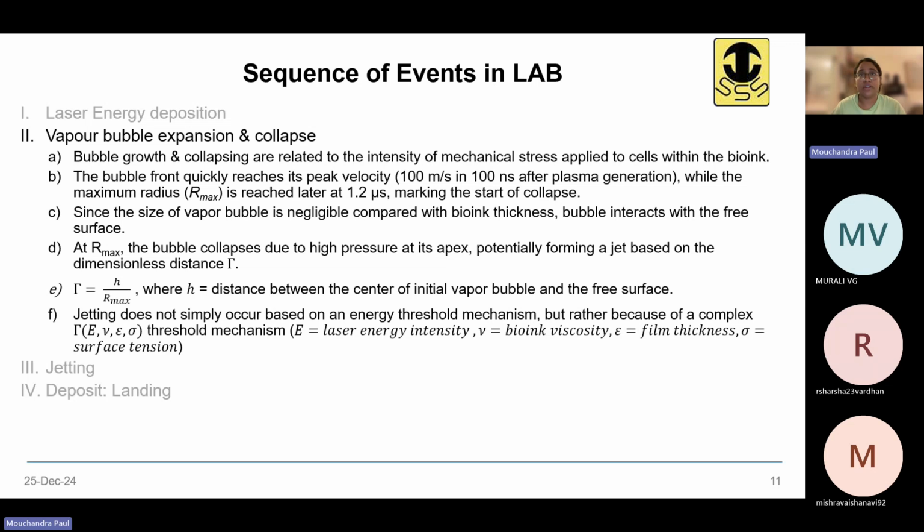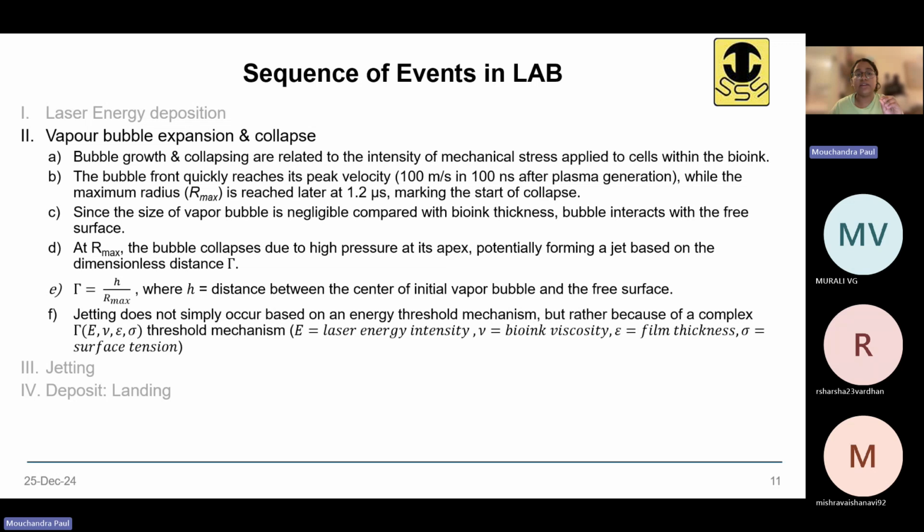These are all calculated numbers based on some experimental conditions that they put into some equation. Now, the size of the vapor bubble is very small, very negligible when you compare it with the thickness of the bioink layer. So the bubble interacts with the free surface.